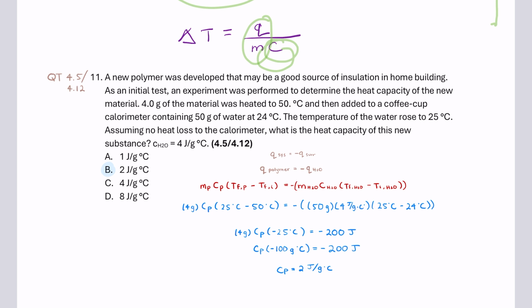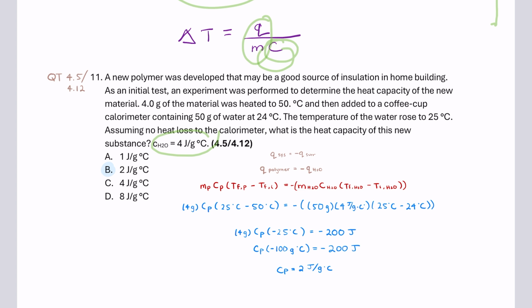The temperature of the water rose to 25 degrees Celsius. Assuming no heat loss to the calorimeter, what is the heat capacity of this new substance? And here we're given the specific heat capacity for water.